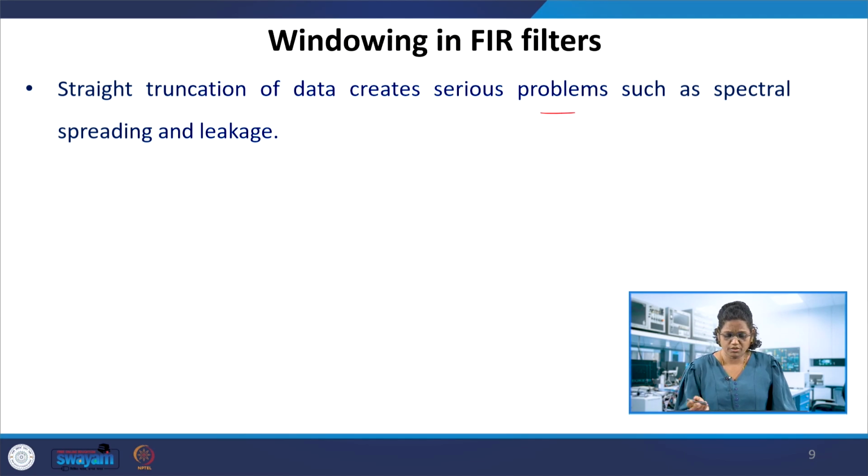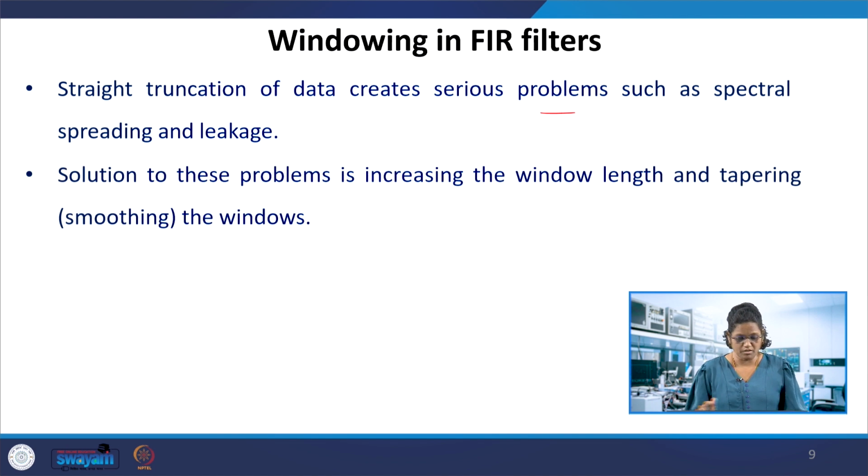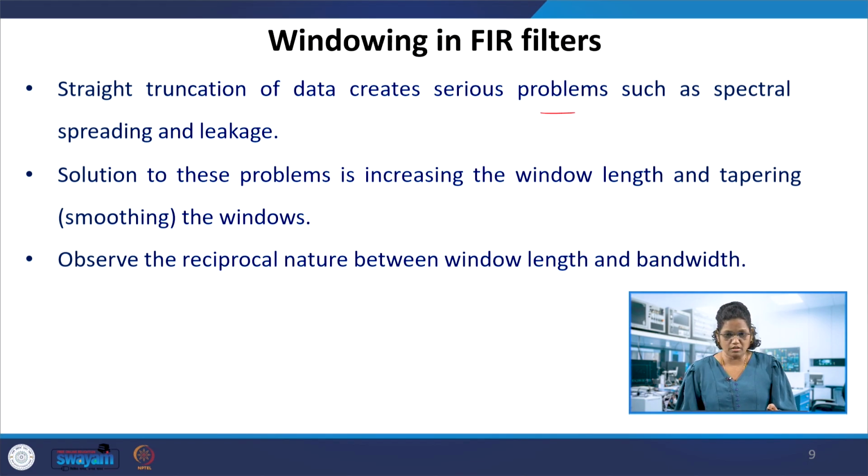To solve this, we can increase the window length and apply tapering. Smooth windows can be used for that purpose to reduce the spectral spreading.